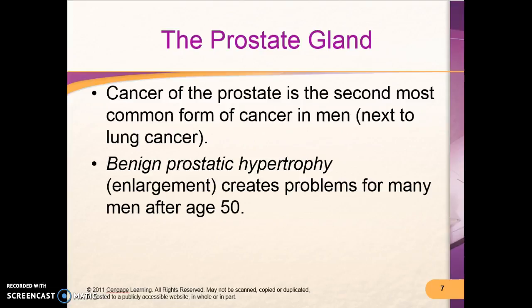So you're going to see treatment for what we call BPH quite a bit in those men over the age of 50. And then as far as the prostate cancer goes, there are a lot of different treatments for prostate cancer. Prostate cancer is not, I guess you could say, one of the most deadly forms of cancer that are out there nowadays, but it is a very common form.